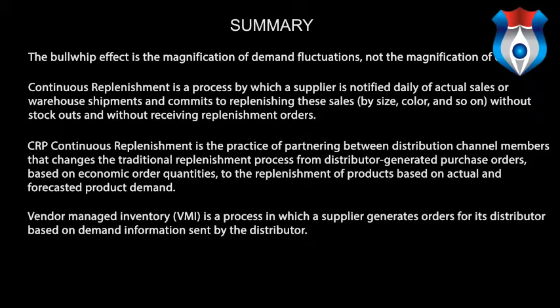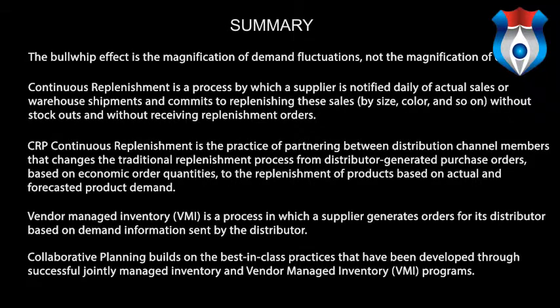Vendor-managed inventory, VMI, is a process in which a supplier generates orders for its distributor based on demand information sent by the distributor. Collaborative planning builds on the best-in-class practices that have been developed through successful jointly managed inventory and vendor-managed inventory VMI programs.